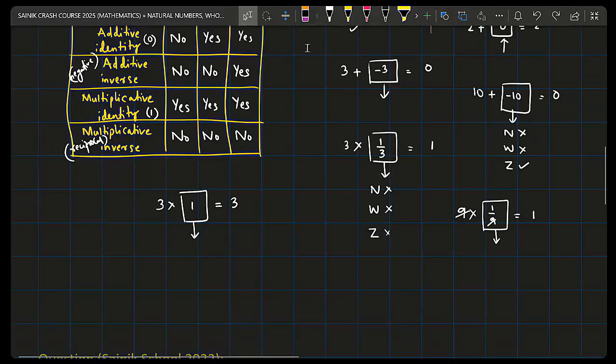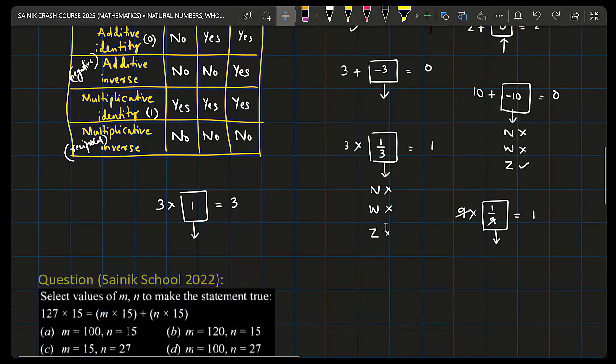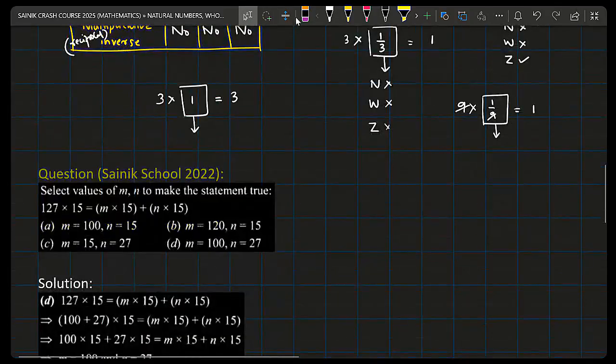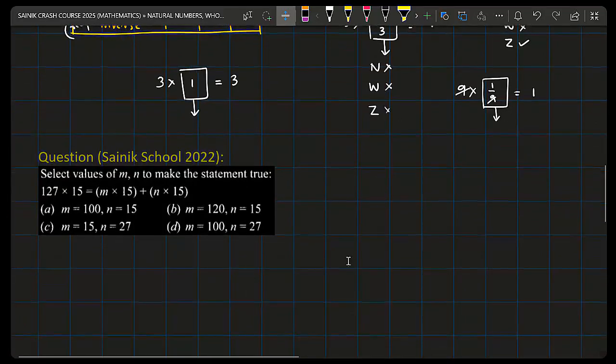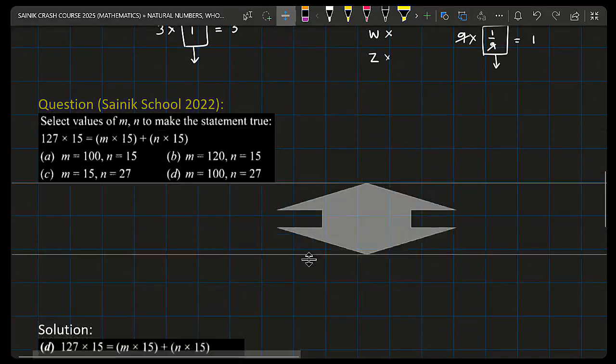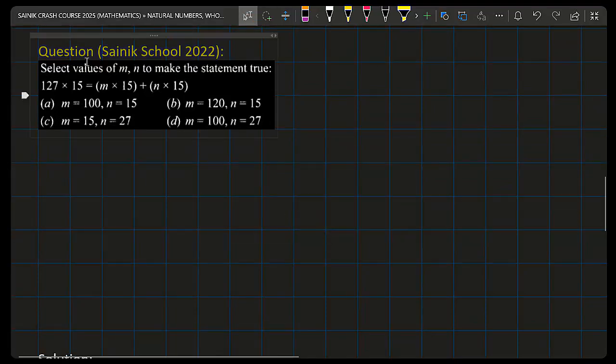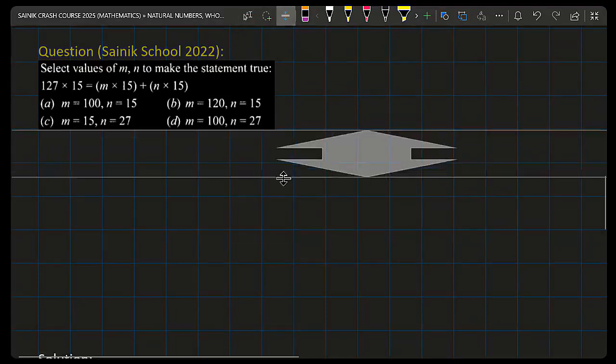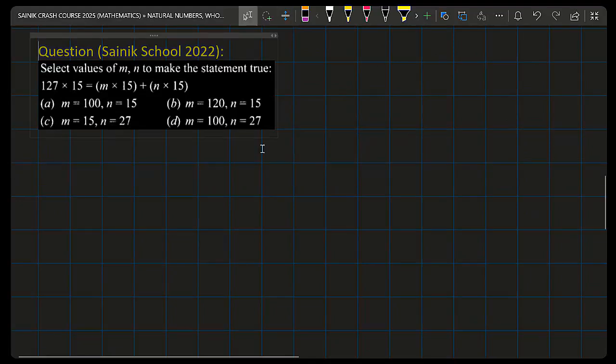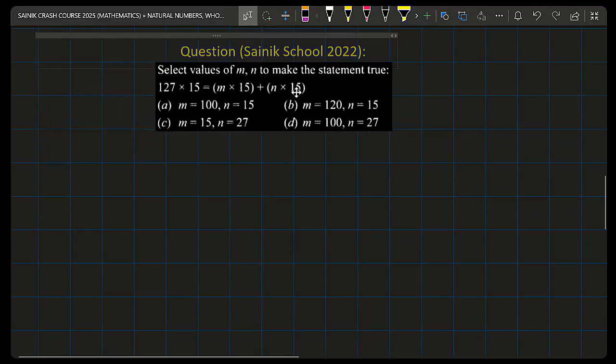Okay, let us solve some problems based on these properties. These are the previous year questions we have on the properties. This question first. All of you try this question. This question came in the 2022 paper. Select the values of m and n to make the statement true.